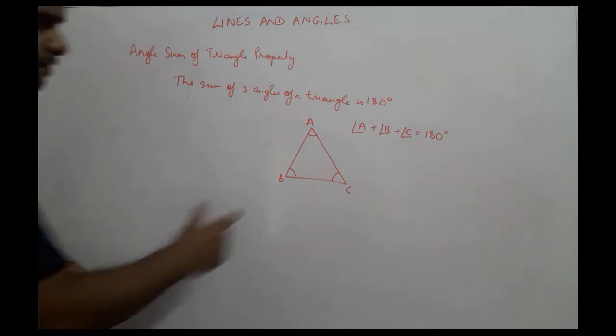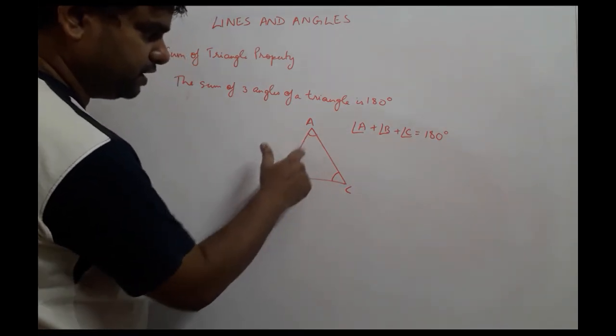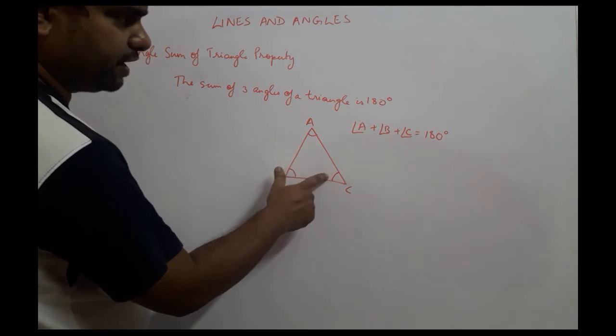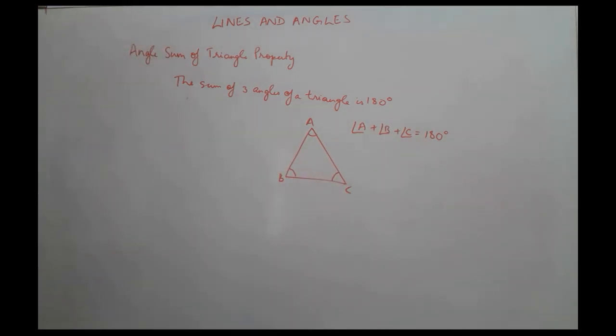So if we are given the values of angles A and B, we can find angle C, because we know the total should be 180 degrees. Now based on these two properties that we have learned, let's solve a few problems.